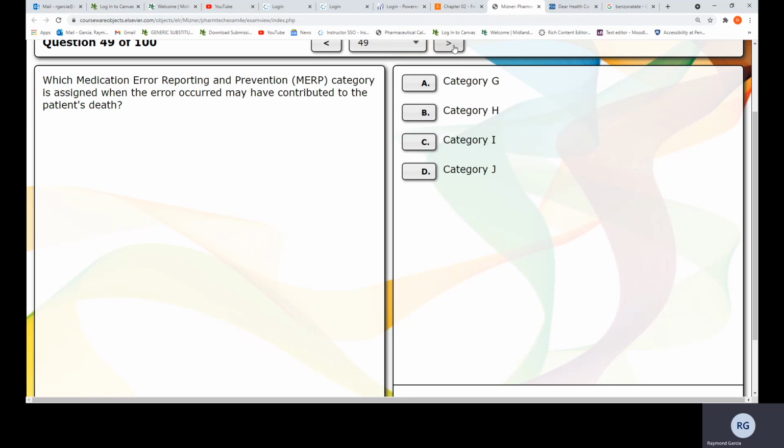Which medication error reporting and prevention (MERP) category is assigned when the error may have contributed to the patient's death? That's something that's new to me.